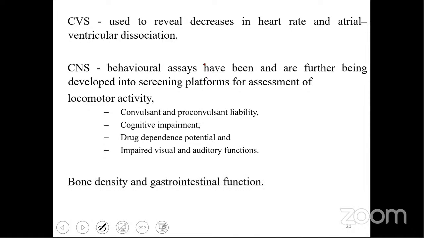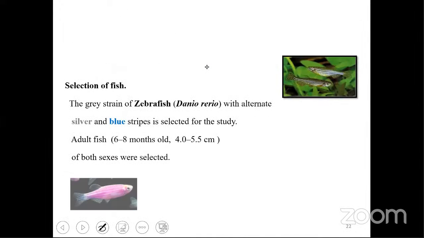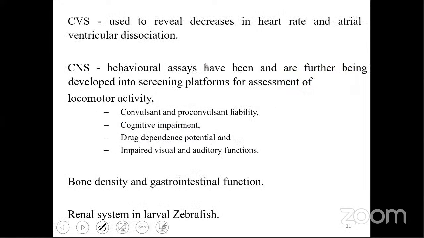In those areas, studies are going on. In addition, bone density, GIT function, renal function, as well as toxicological studies. So these are the areas where zebrafish is being implemented for drug discovery.